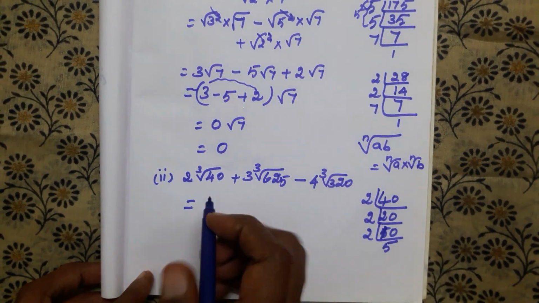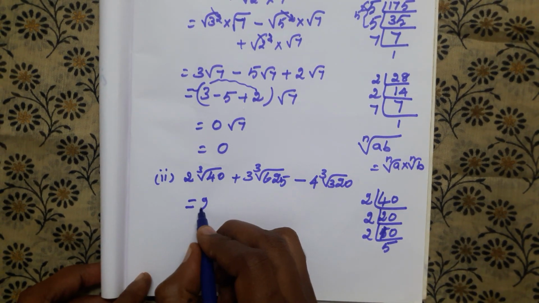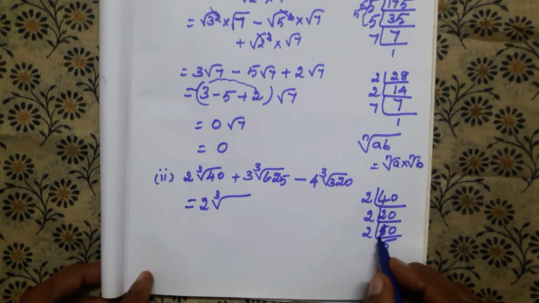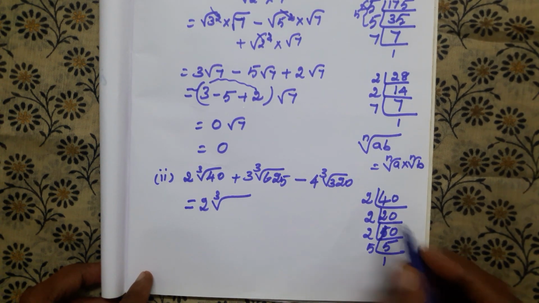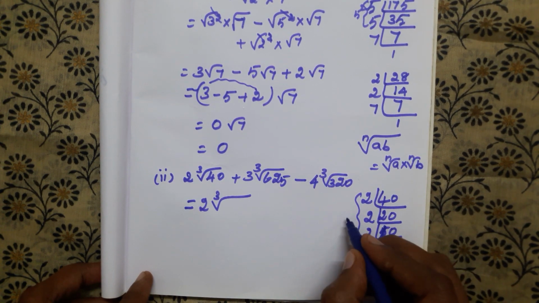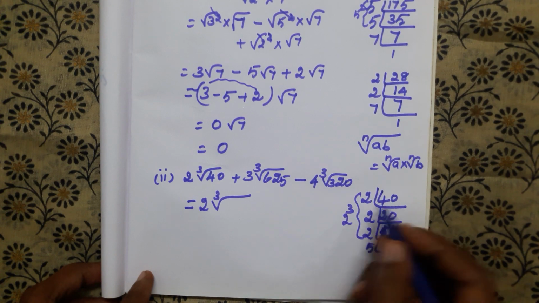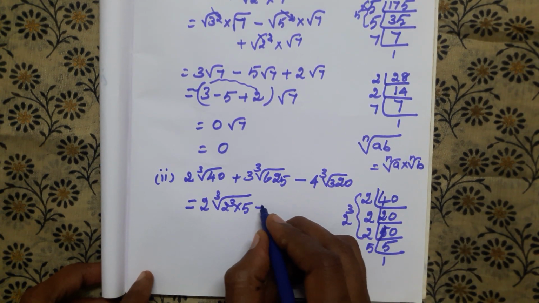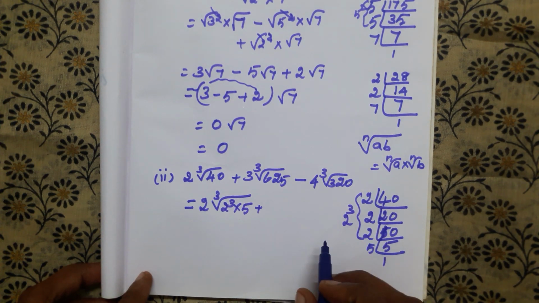So we can write this as 2 into cube root of 2 cube into 5, plus again 625.